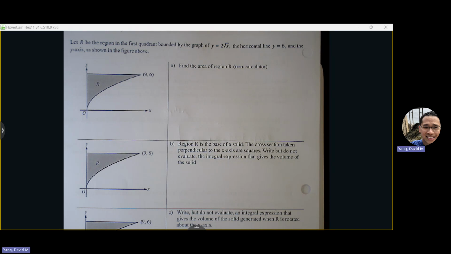So the furthest left we see is 0. The furthest right x value you see is 9. The top graph is that horizontal line, y equals 6. The bottom is that square root, 2 root x. And this is non-calculator, so we want to go through our full process.